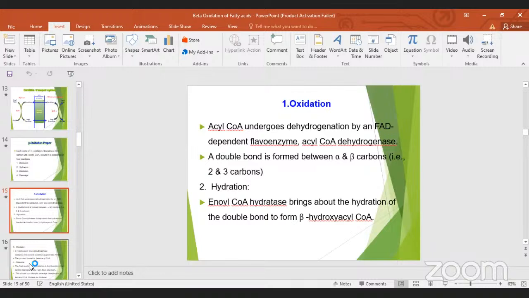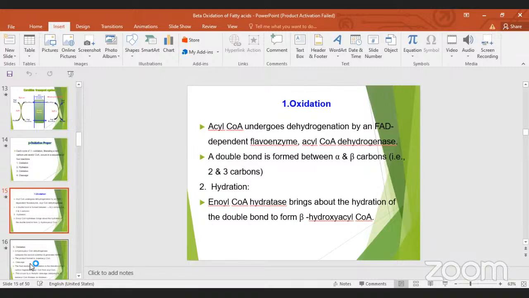A double bond is formed between the alpha and beta carbons, that is the 2 and 3 carbons. This is called the oxidation.